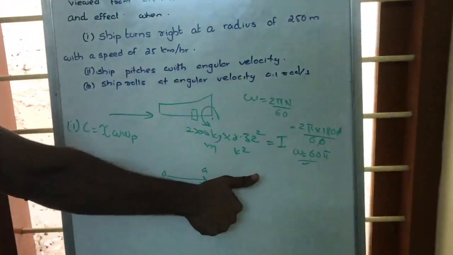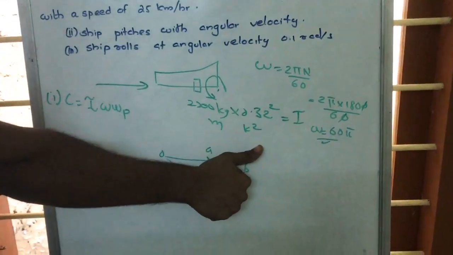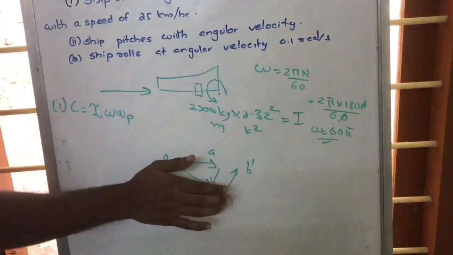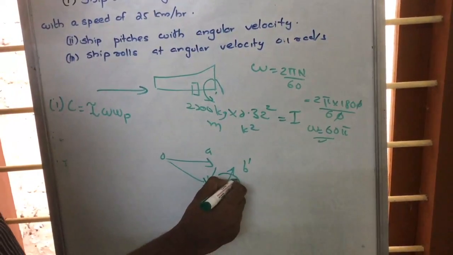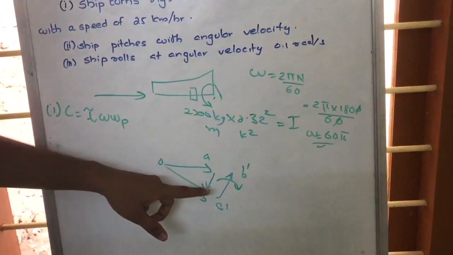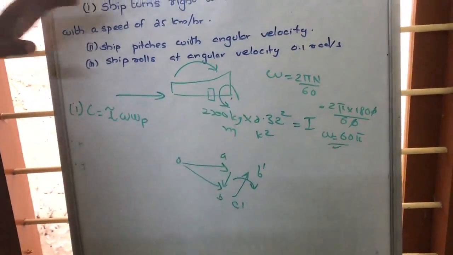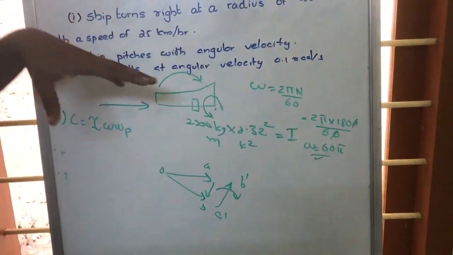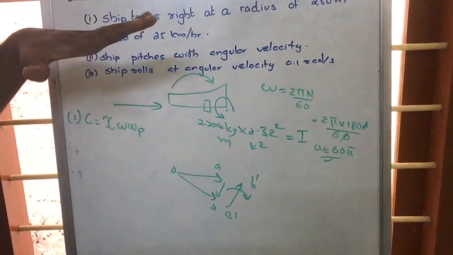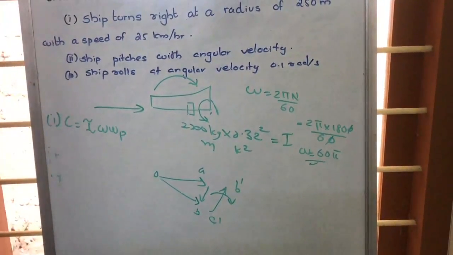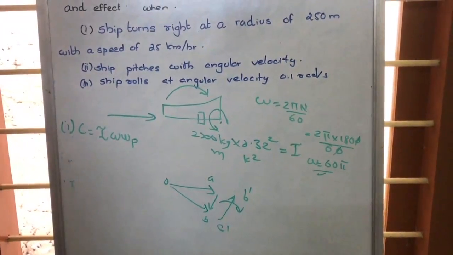If we keep our right hand like this, we can see that the effect is like this. That means because of this gyroscopic effect, it will act somewhat like this. This nose or bow end will go down and the rear end will rise. So that is the first case.